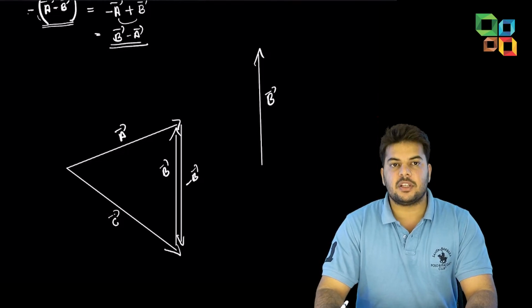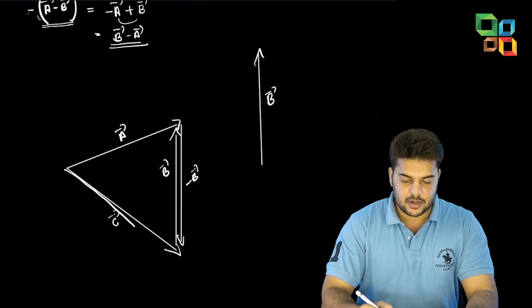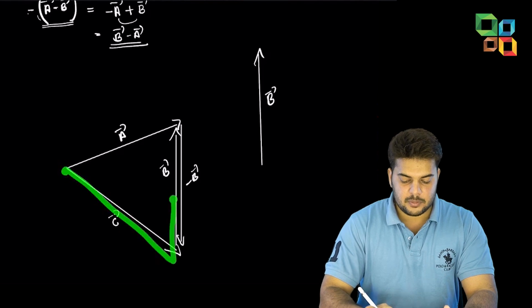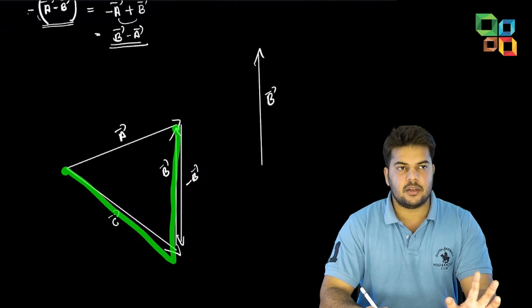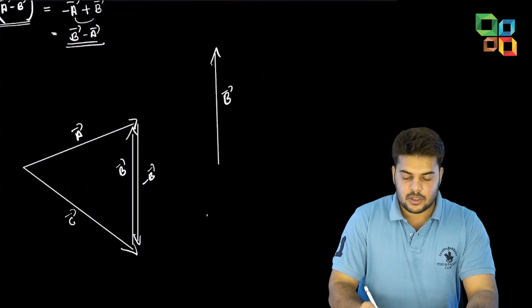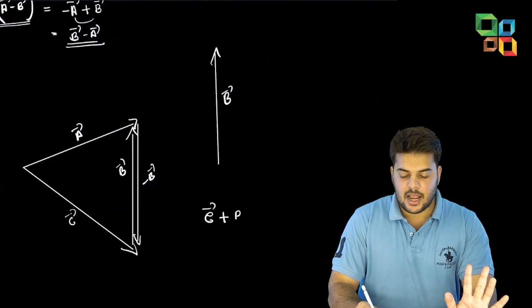Now what is C vector plus B vector? Can you just look at that picture there? C vector plus B vector. What does it give you? A vector? Yes. The C vector, we do not know what that C vector is, but whatever that C vector is, when we add that to the B vector, we get the A vector.